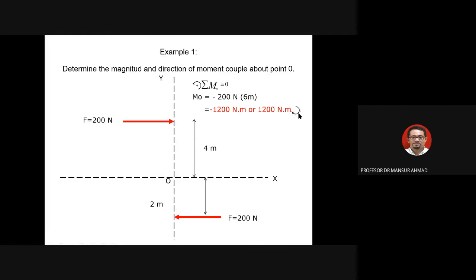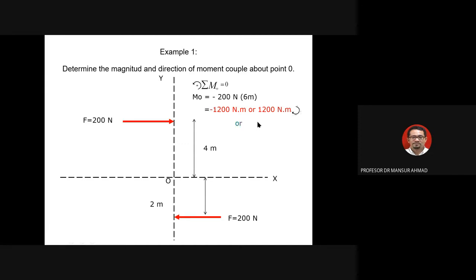Okay, although this is a moment couple, you can also consider this as a moment of a force. Yeah, you can consider this one as one moment. This is another. This is a moment of a force, and this is another moment of a force. Yeah, so the workout here calculation.